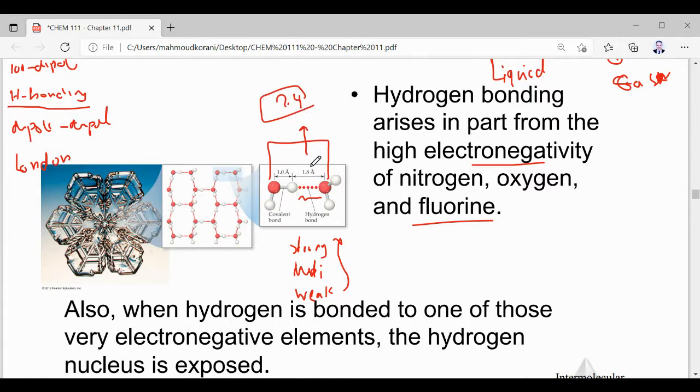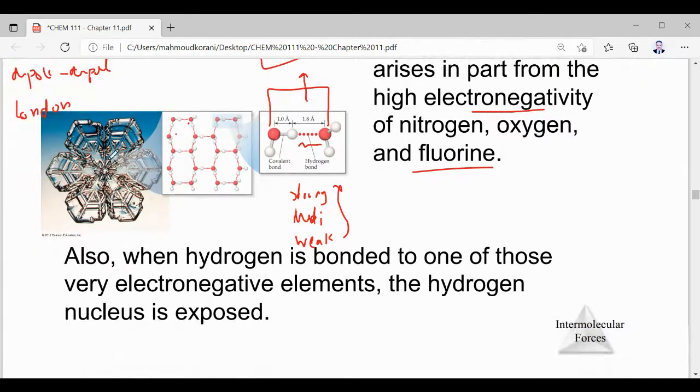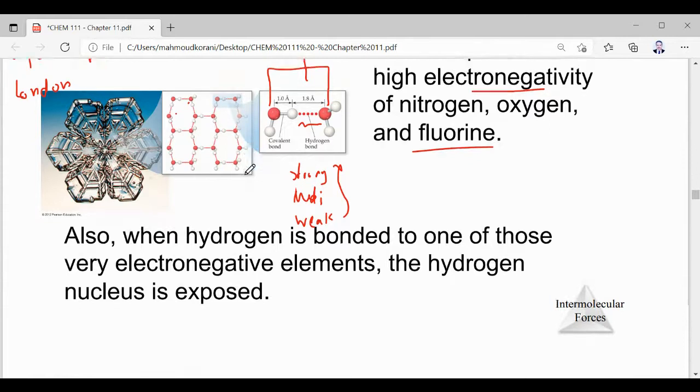As the distance between the hydrogen and the electronegative atom decreases, the strength of the hydrogen bonding increases. Here the red dotted lines are hydrogen bonds, and they are responsible for many anomalous behaviors of water, which I'm going to discuss today. Also the hydrogen bond is responsible for the star shape.